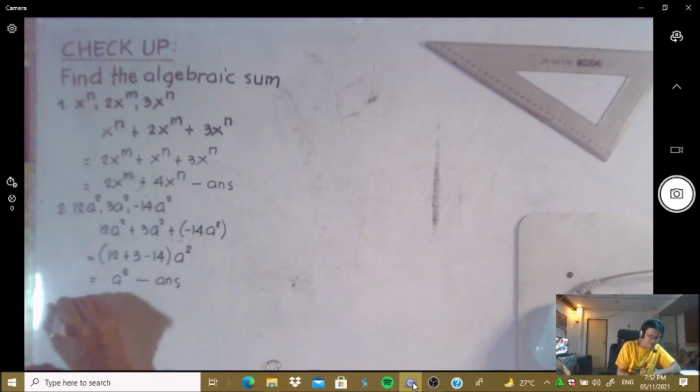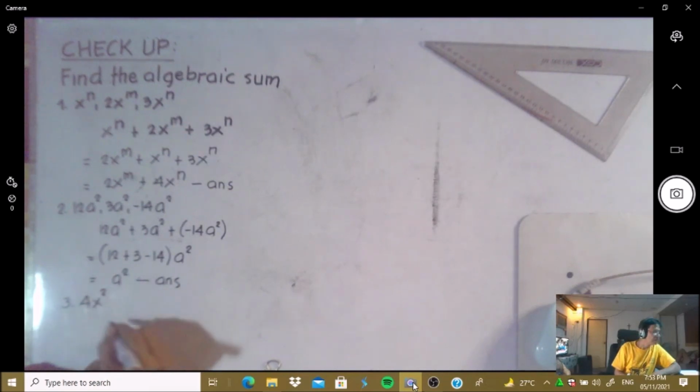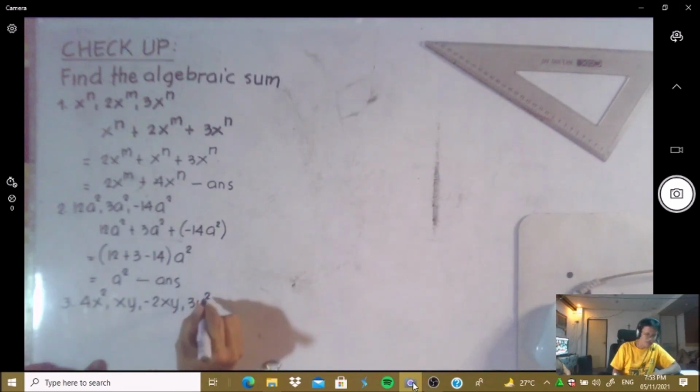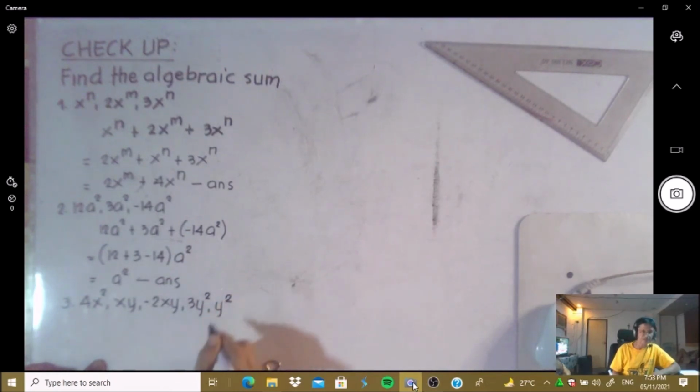For number 3, we have 4x squared. Then we have xy. Then next is negative 2xy. Then 3y squared. And last, y squared. Okay. So therefore, we will start with 4x squared.